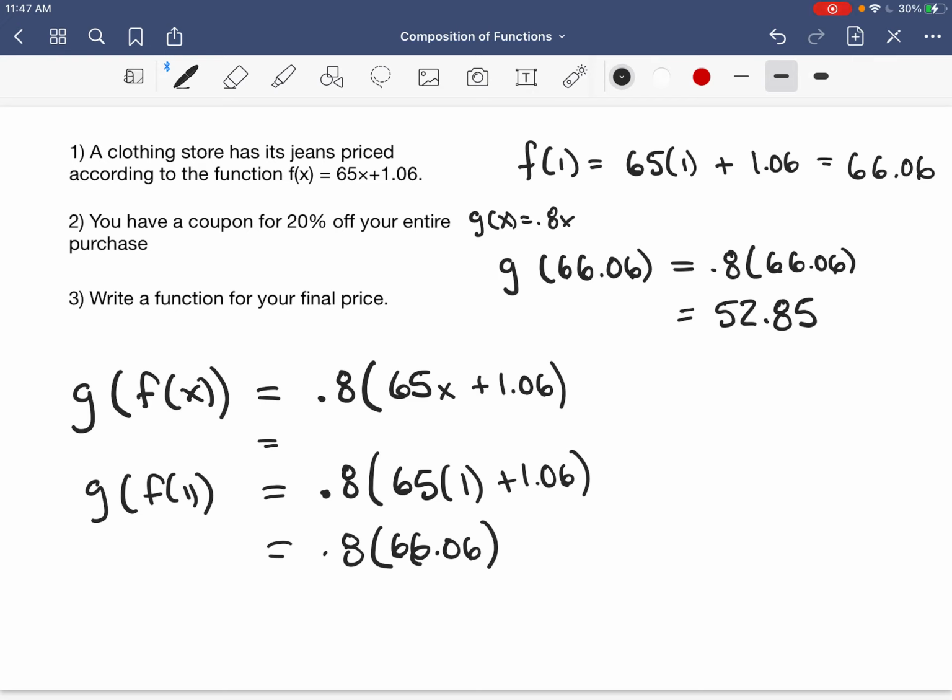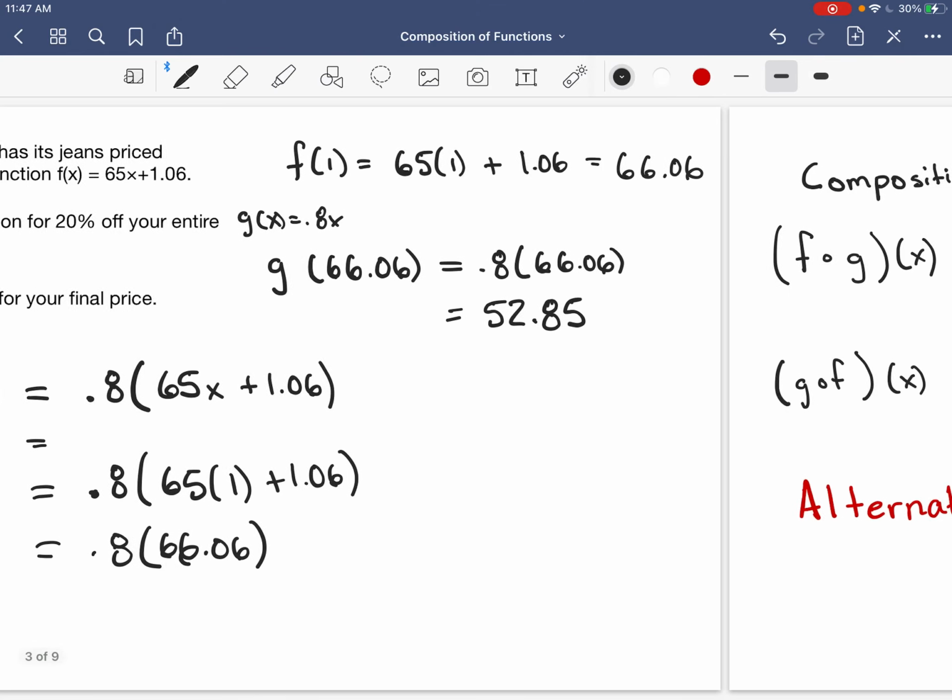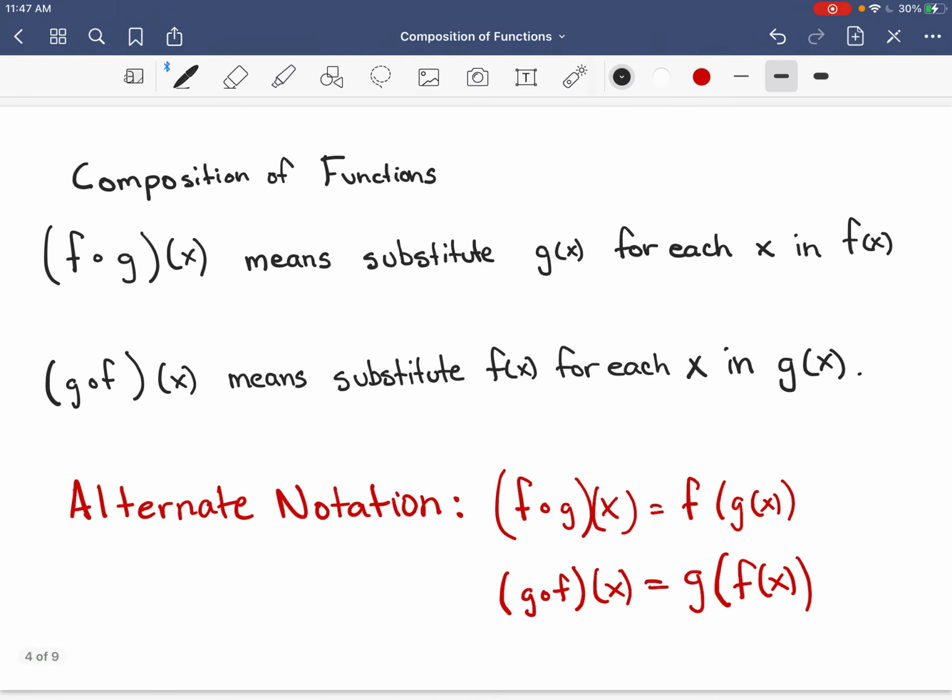We end up doing the same calculation, but just in one step. And so this is a composition of functions. You take a function, you substitute it into another function, and those two functions are interacting with each other.